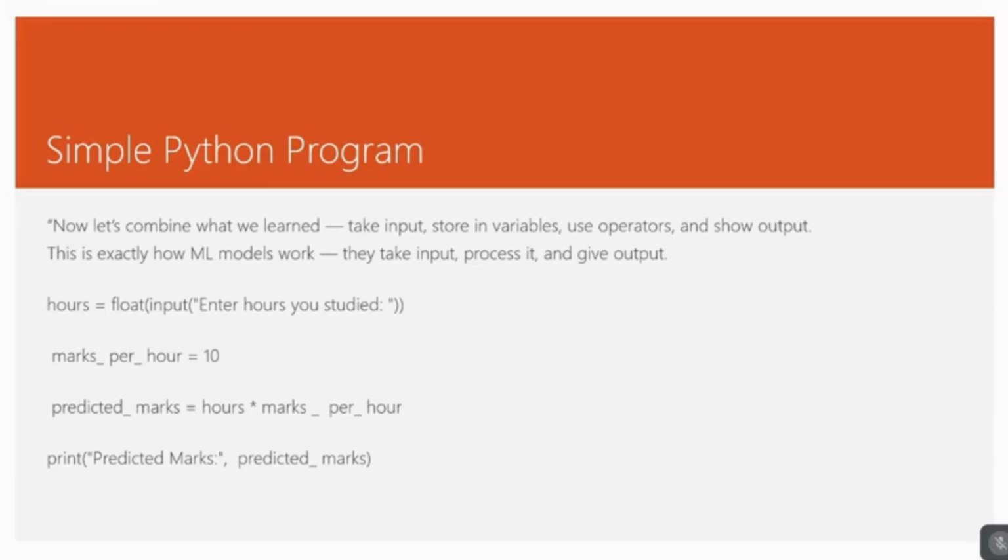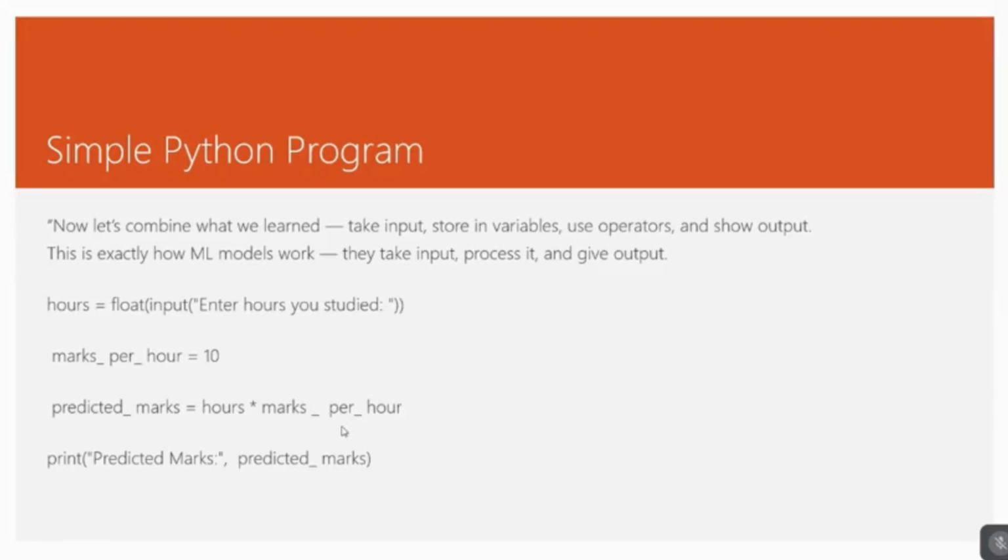And after that, here we use the predict function, predict marks. This is a very important statement, a very important program line. Predict marks is equal to hours into marks per hour. In this instruction, we told our machine learning model to multiply our hours into marks per hour.